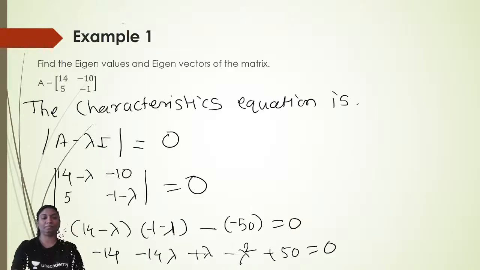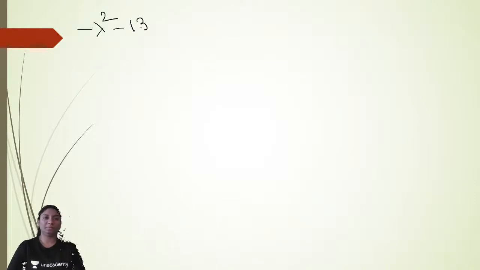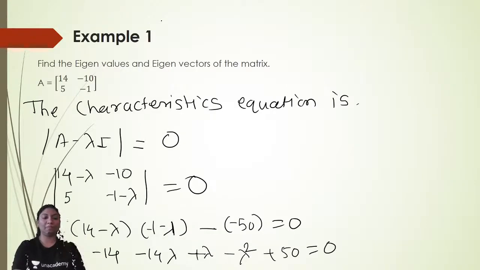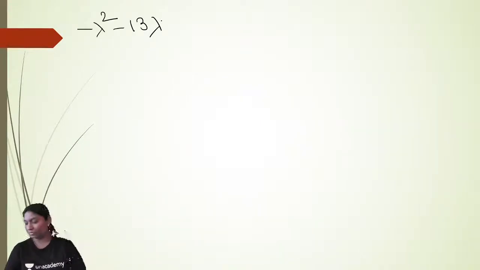See, minus lambda square minus 14 lambda plus lambda is minus 13 lambda, and here is 50 minus 14, that is 36.